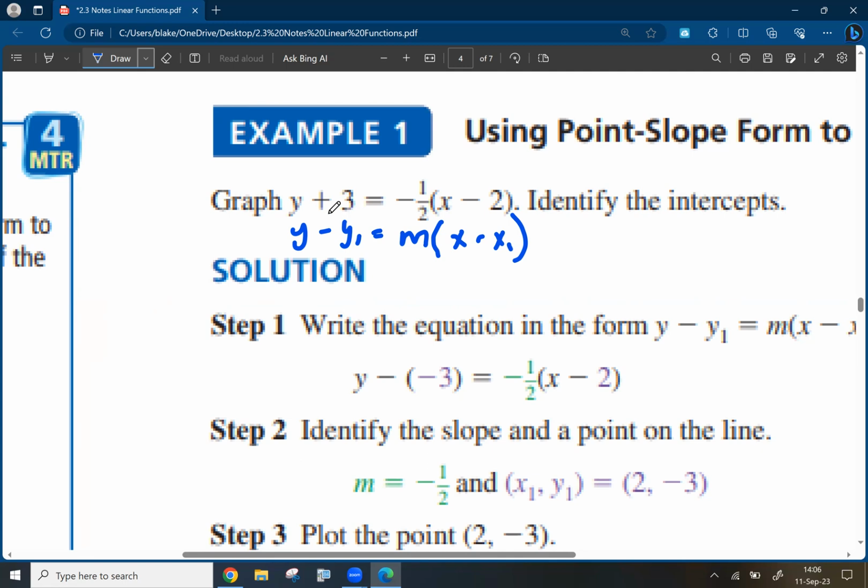Now in this example, we see this plus 3 as my y1, and we see this minus 2 as my x1. These values are going to make up my point. So the point on this graph is at positive 2, negative 3.